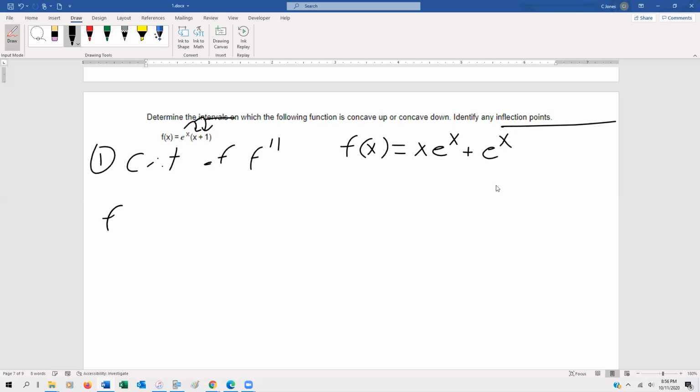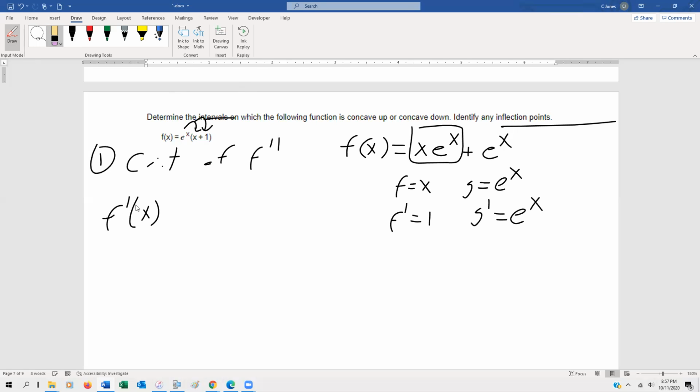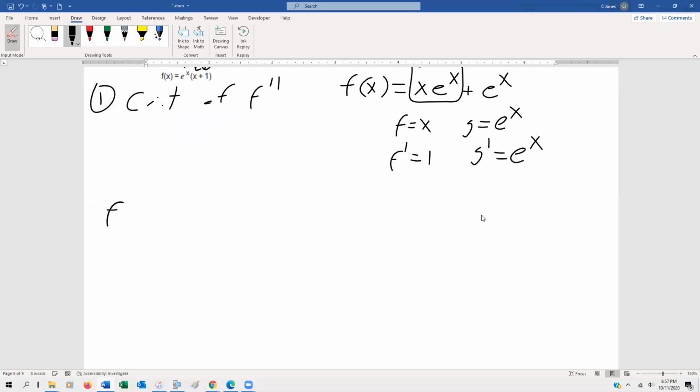To find f prime of x, we're going to have to use a product rule on this animal. Little f is x, little g is e to the x, f prime is 1, g prime is e to the x. A very common error that students make is that they write f prime of x equals f prime g plus f g prime, so 1 times e to the x plus x e to the x.